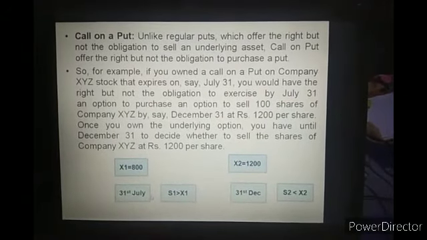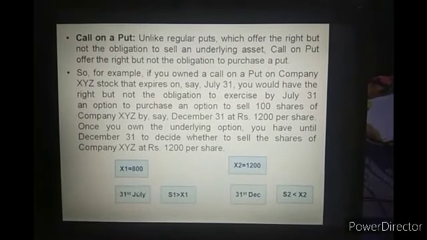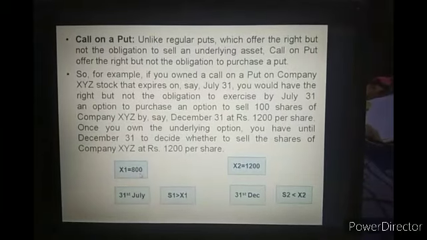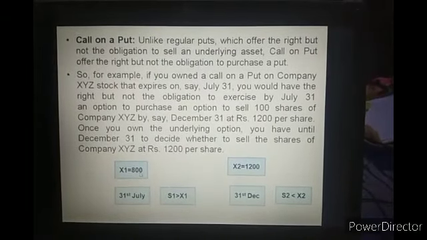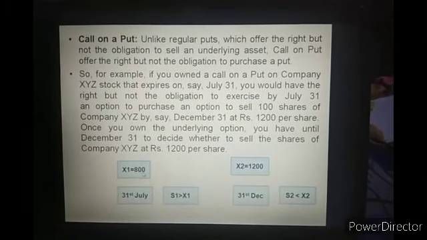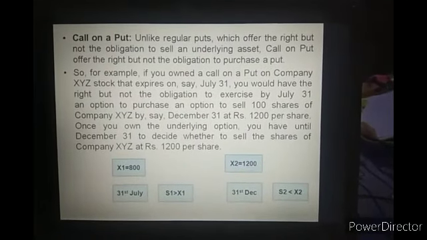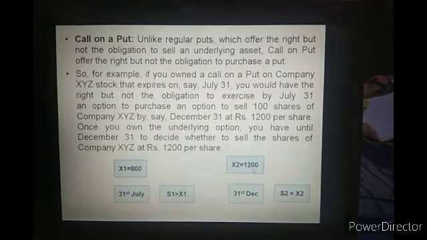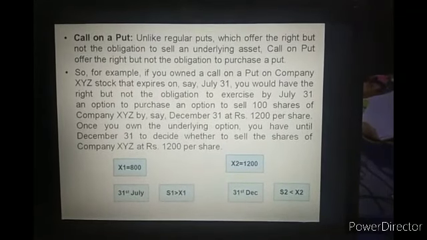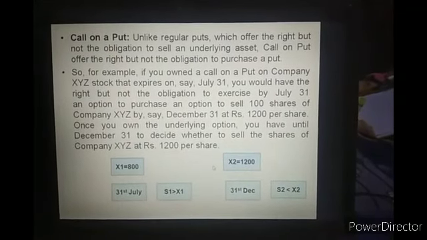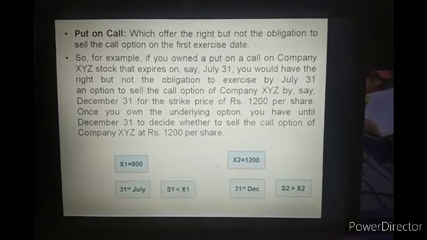After 6 months, if the price is above 800, you will purchase at 800, you will be in a profit, and parallelly you will immediately be in a contract to sell this share at 1200 because you have a right to sell. So in advance you are fixing your 400 profit. So we call it a call on put.